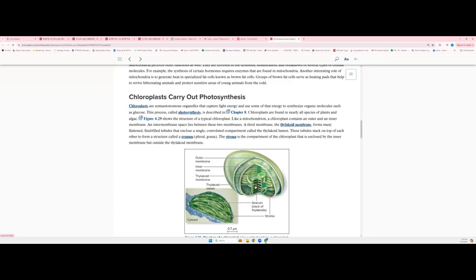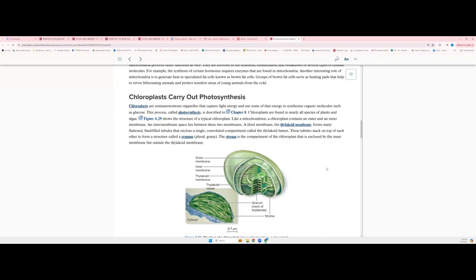Basically, it's flattened, fluid-filled tubes that enclose a single convoluted compartment. So then they form this type of thylakoid lumen. You can see that the thylakoid lumen are several layers of this thylakoid membrane formation.